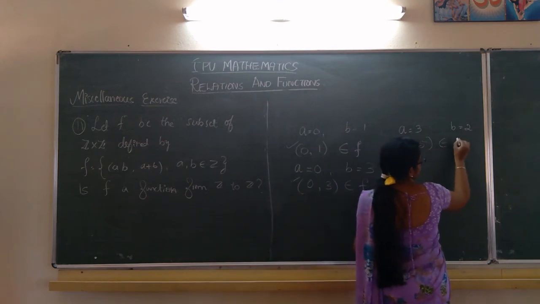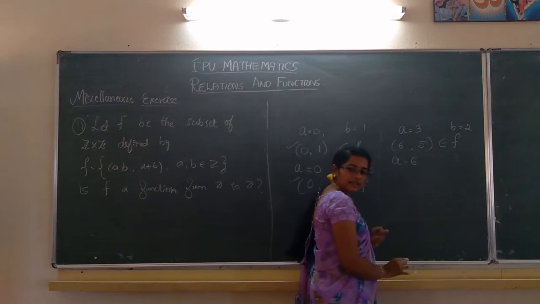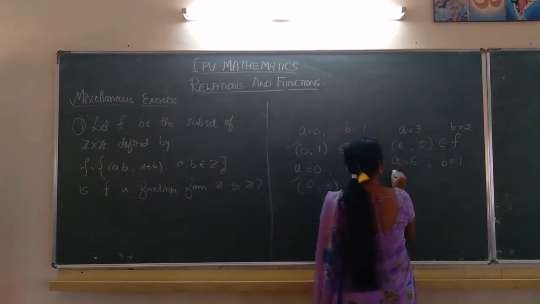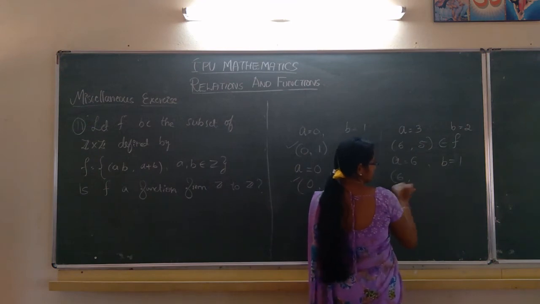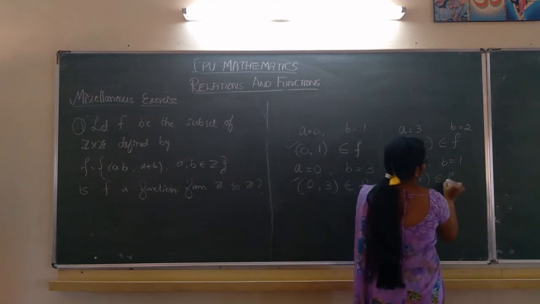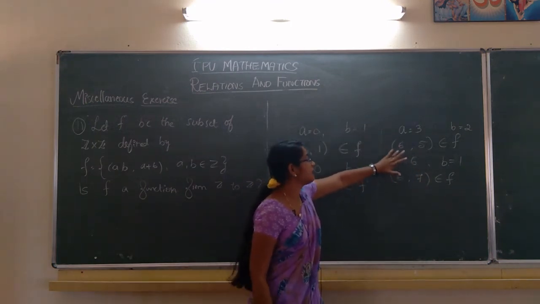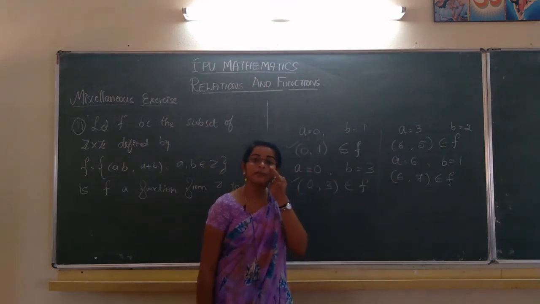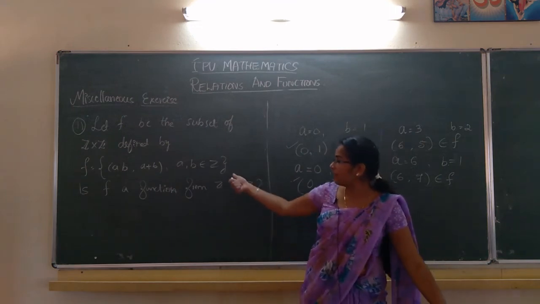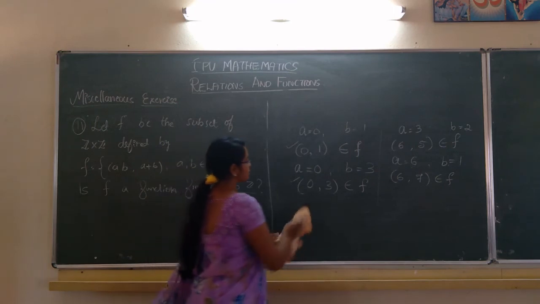So 6 comma 5 belongs to F. If I take A equal to 6 and B equal to 1, then also I will get A into B equal to 6, and A plus B, that is 6 plus 1, is 7. So 6 comma 7 also belongs to F. Here also I get two distinct ordered pairs with the same first element, which should not happen in a function. So this relation F defined like this is not a function from Z to Z.